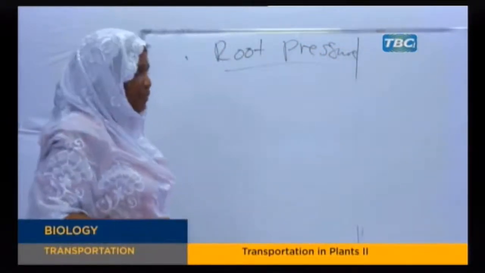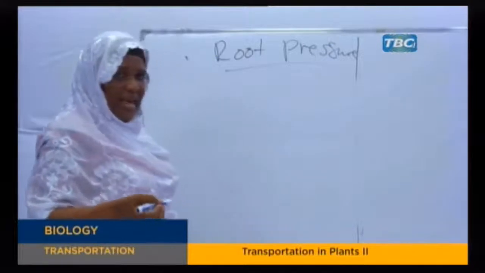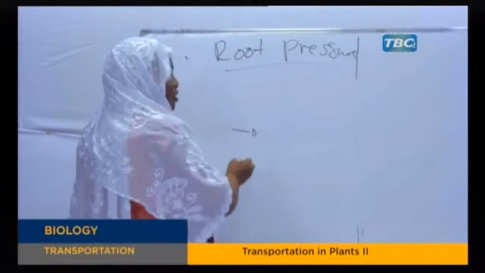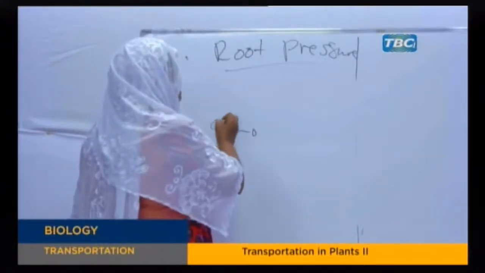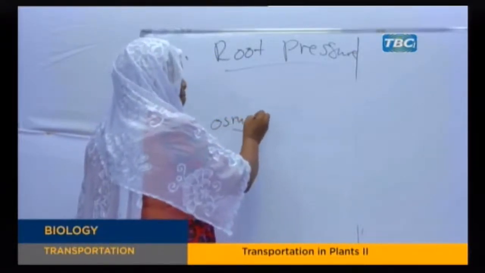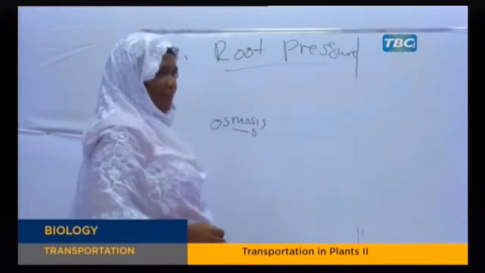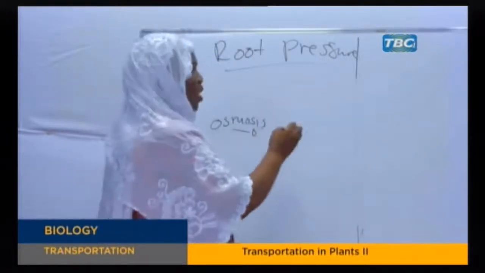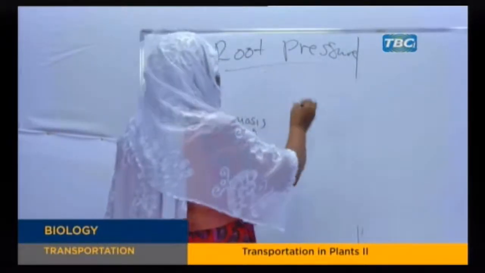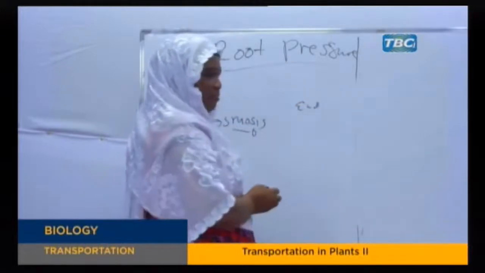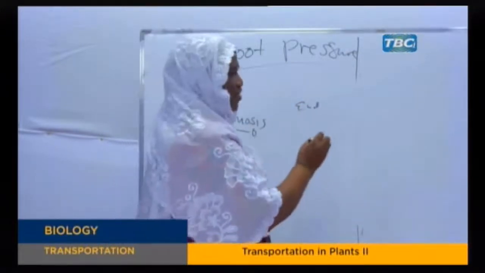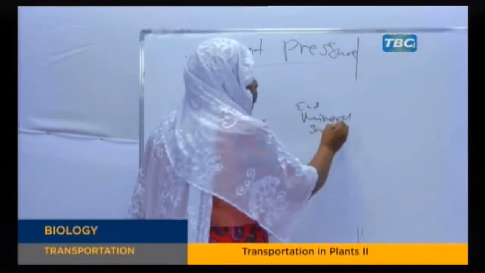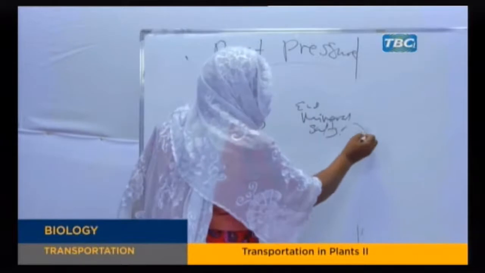Root pressure. At the beginning, I said that water enters the root hair by osmosis. At the same time, when water and mineral salts reach the endodermal cells, there is active secretion of mineral salts into the xylem.